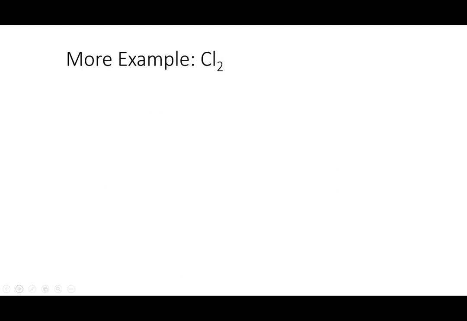So let's do another example. I want you to see if you can draw the Lewis structure for chlorine, Cl2. Pause the video, write the Lewis structure, then I'll walk you through it. So, step 1, calculate the total number of valence electrons.